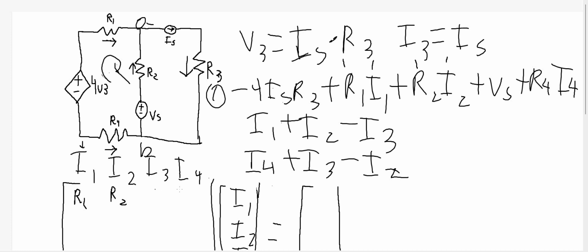And so for I3, because we have negative 4IS multiplying it, even though it's not in the loop, it still affects this right there. So to get the voltage off that, we do negative 4 R3. And then for I4, we do R4. And because we have this VS in there, we write it right there.